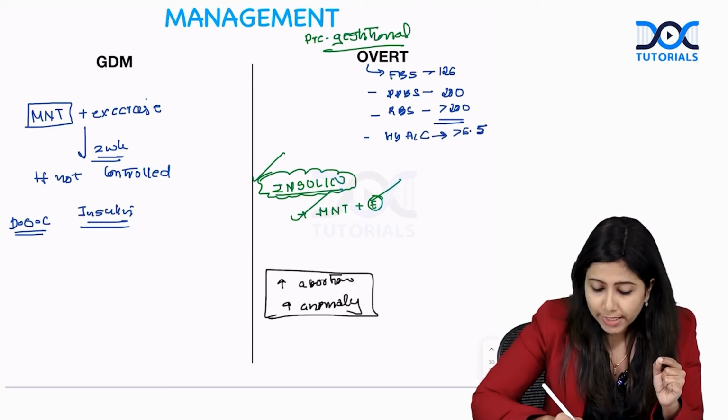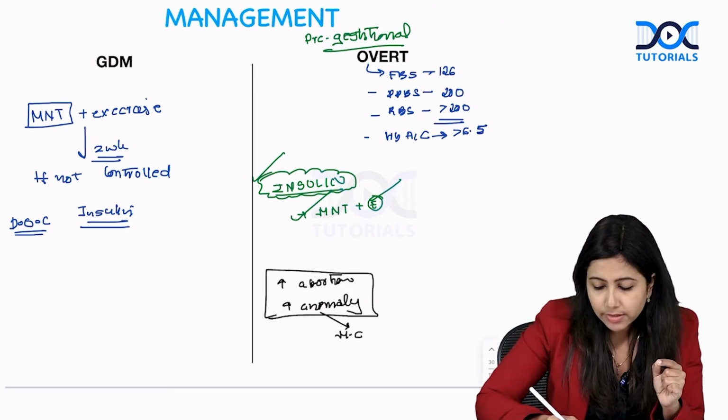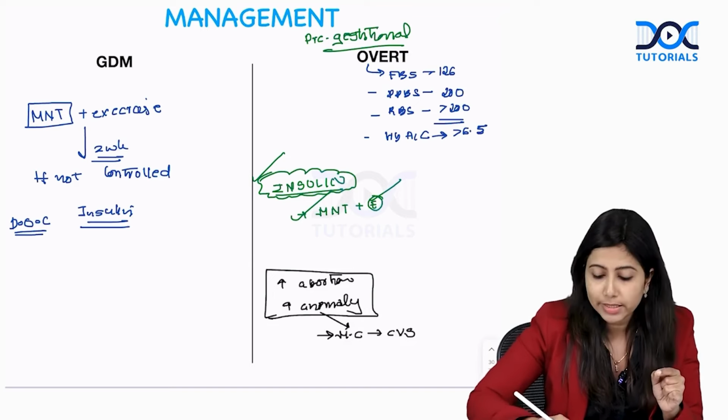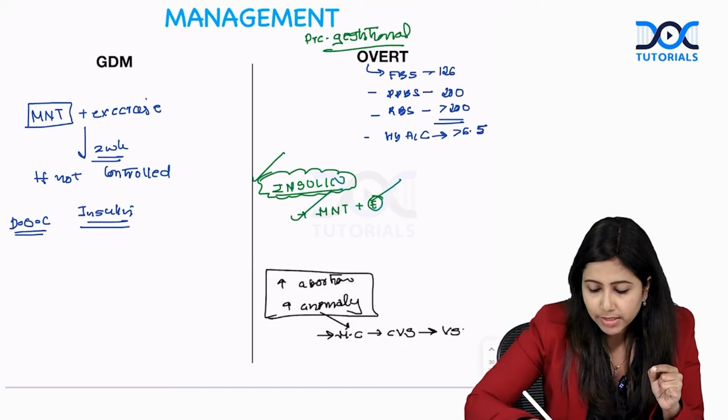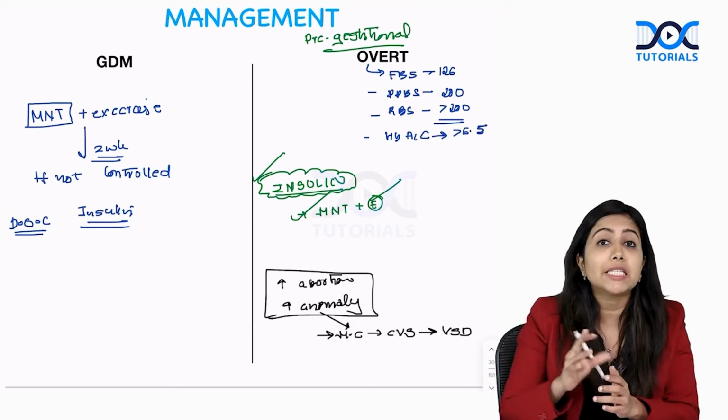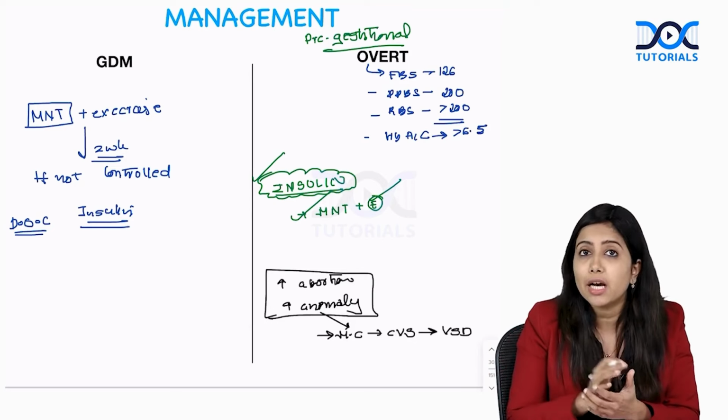The most common anomaly associated is cardiovascular system anomaly, CVS anomalies. In CVS, the most common is VSD. The most specific cardiovascular anomaly is TGA, transposition of great arteries.